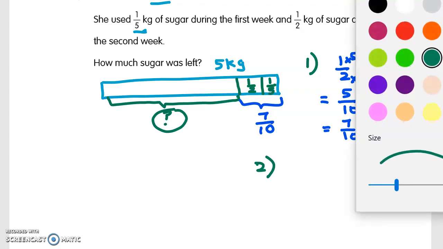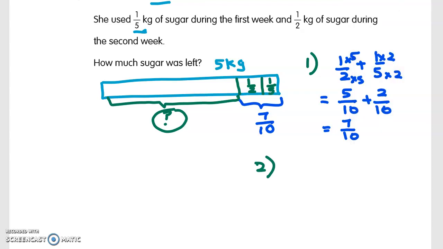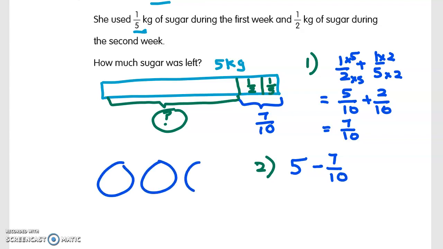What you need to do is take 5 kg of the sugar, take away the sugar used on the first 2 weeks, 7 out of 10. Now remember, 5 wholes, okay, can have 10 parts each, right?